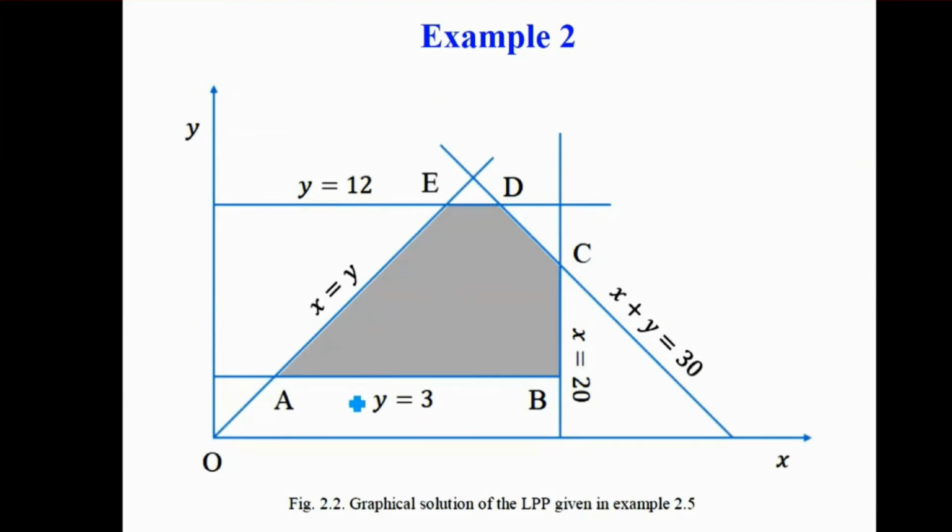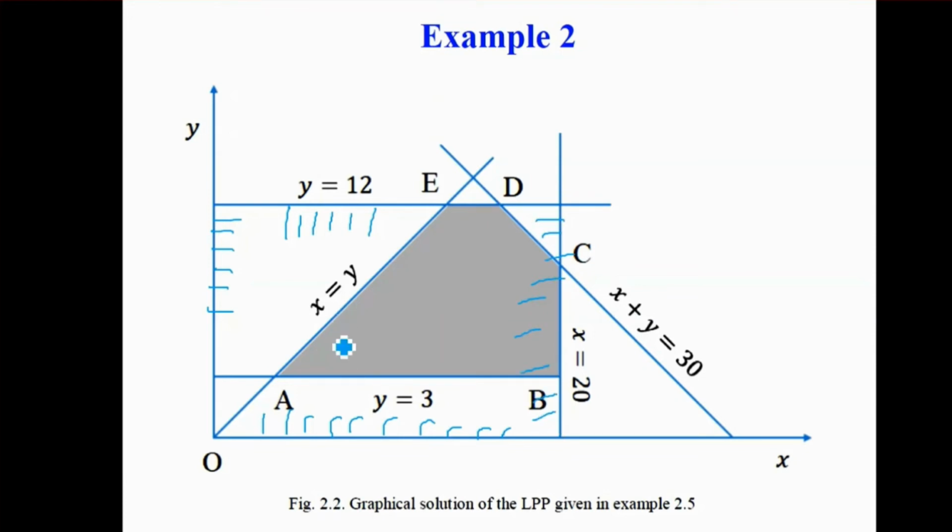You see, first if we have x equals 0, above that is this region. Then y greater than 0 is this region, then y less than 12 is this region, x less than 20 is this region. So those things are there.